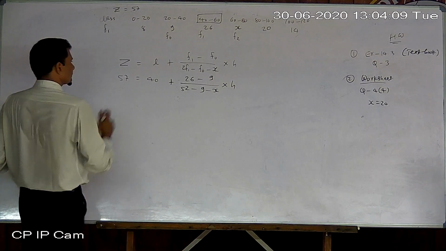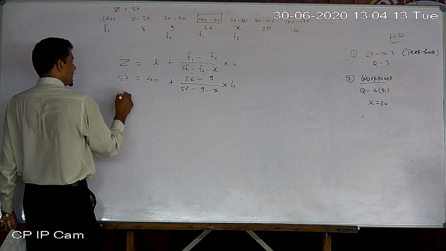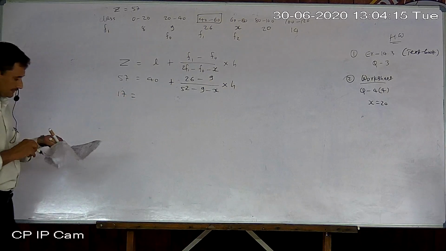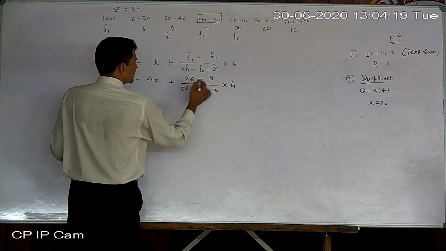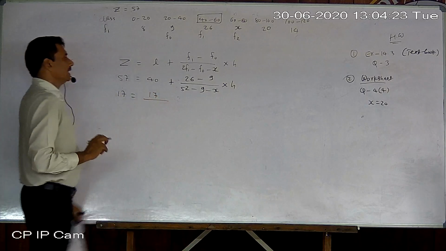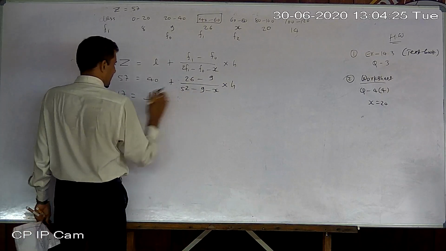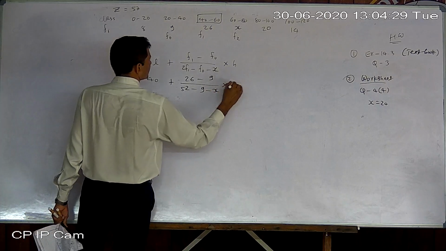Now simplify it. So 57 minus 40, it becomes 17. Okay, I just subtract it. 26 minus 9, 17. Now 52 minus 9, 43 minus X. H value is 20.